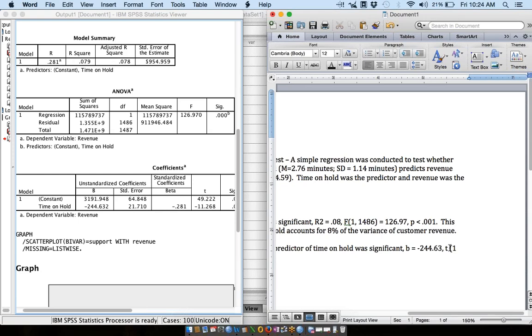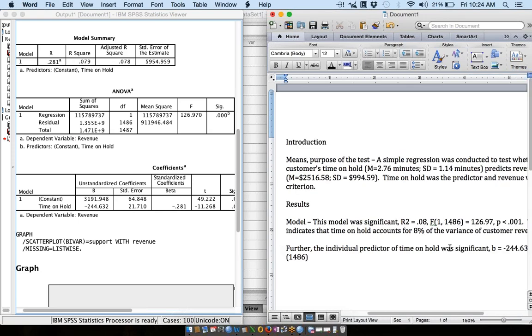Comma, t, my degrees of freedom, which is going to be the same as the error line, equals 11.27. Now remember, the t value cannot be negative, so don't report it negative. The B value can definitely be negative, just like a correlation, and therefore the confidence intervals can also be negative.